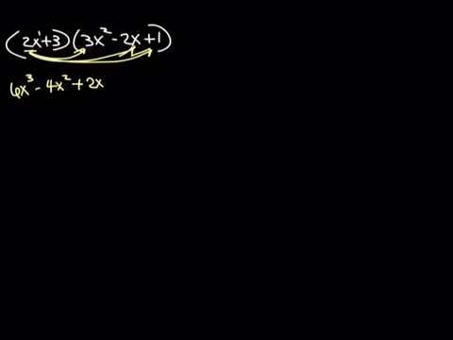Now what we're going to do is we're going to multiply that, and that. So 3 times 3x squared, 3 times negative 2x, 3 times 1. Okay? Then we can look for common factors that we can add. I do not have anything with an x cubed on it, so I'm going to leave that.